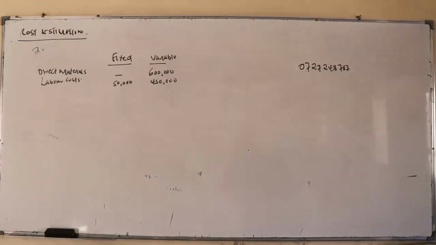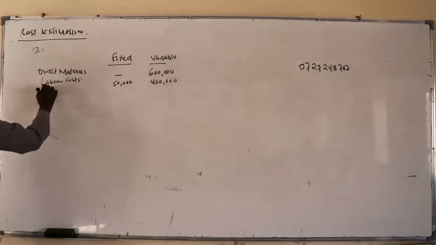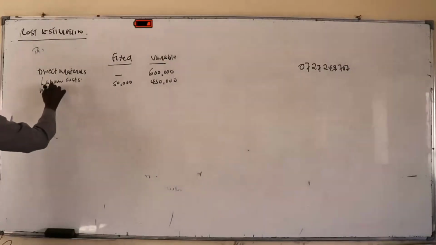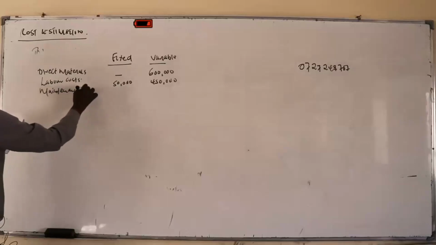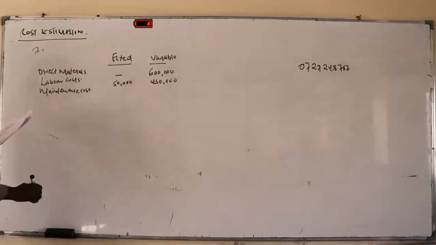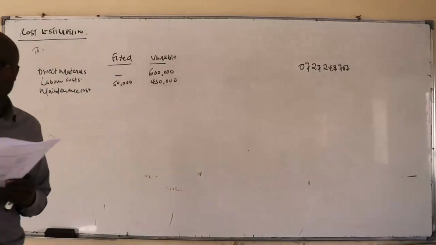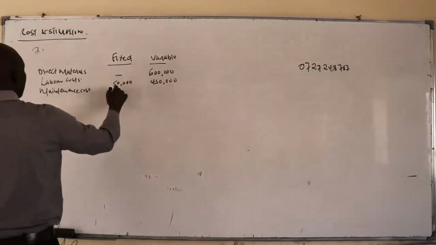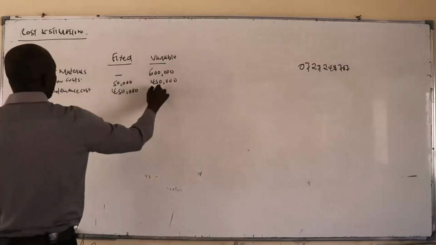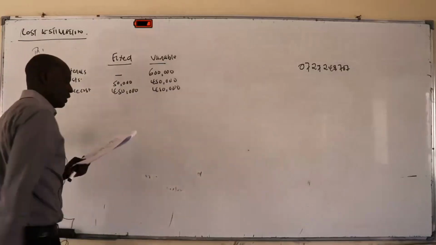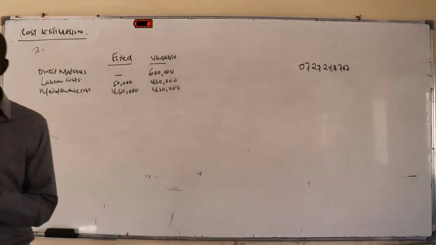The next cost is maintenance cost. The total cost is 900,000, and you have been told 50% is fixed. So you write 450,000 here, and 450,000 here. So a half. Then we have rent cost.